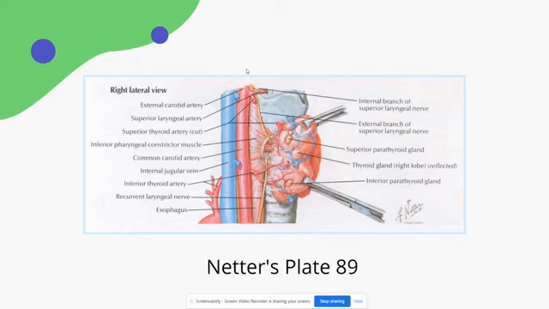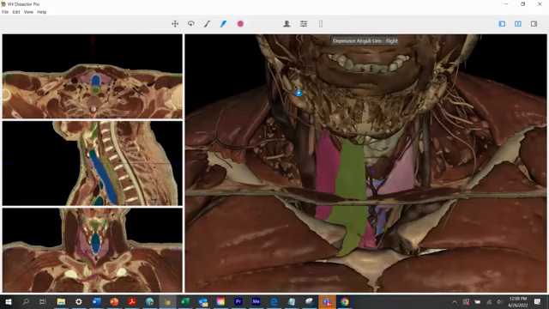And sometimes you'll see that form a single trunk, and it'll drain into the left brachiocephalic vein. So if we look at the VH dissector, he actually has that single trunk right here.